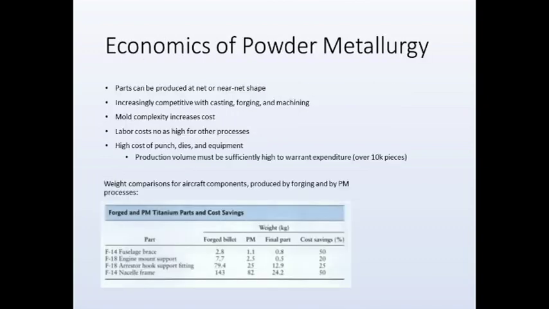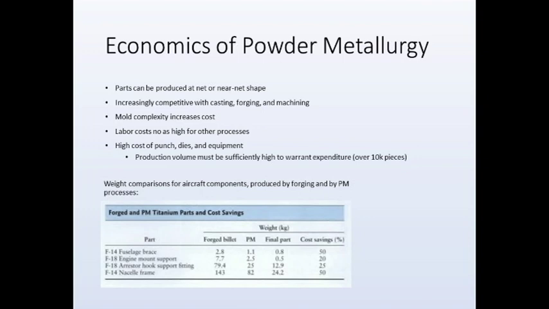As stated before, there are some economic benefits to choosing powder metal injection molding. Some parts can be produced at net or near net shape, meaning the green part that comes out of the injection mold is almost the final product that we're trying to obtain.